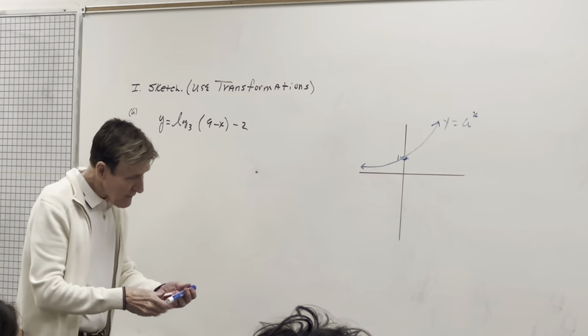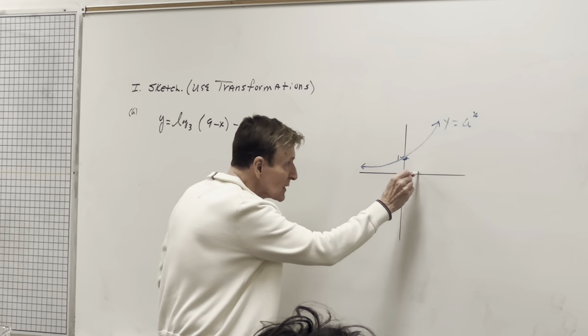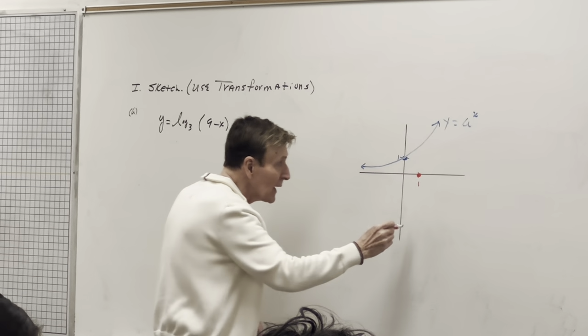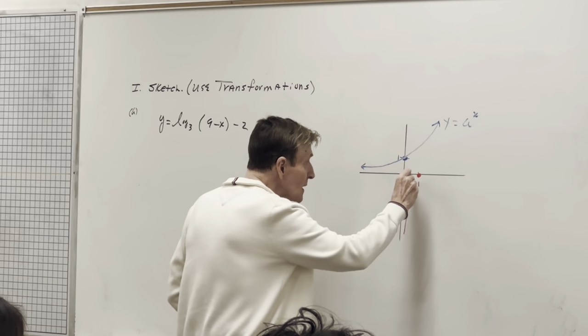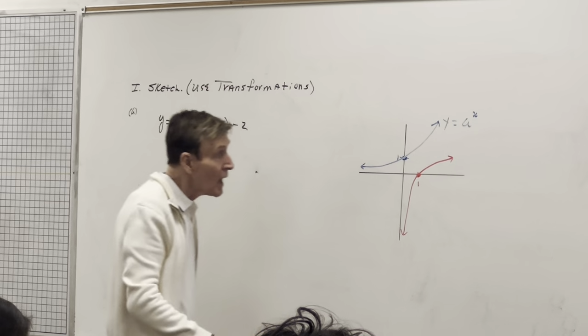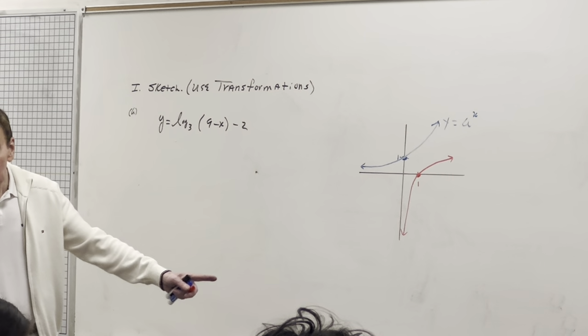And then I think this will bring back memories. There was a graph that looks something like this. There's an x-intercept at 1, and it looked like this. And I think I graphed that with the table the other day.